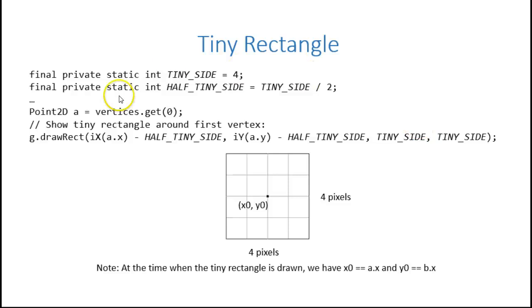Set up some private static ints to stand for these values, and then we can be a little bit smarter, especially when we start looking at the code for finding when we're inside the rectangle. We want to be a little bit clearer about these values that we're using.